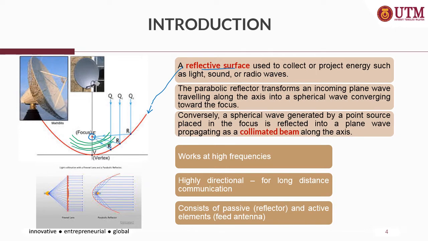When it reaches the reflector surface, the waves will be reflected back, and it will produce collimated waves, in which rays of waves travel parallel to each other.